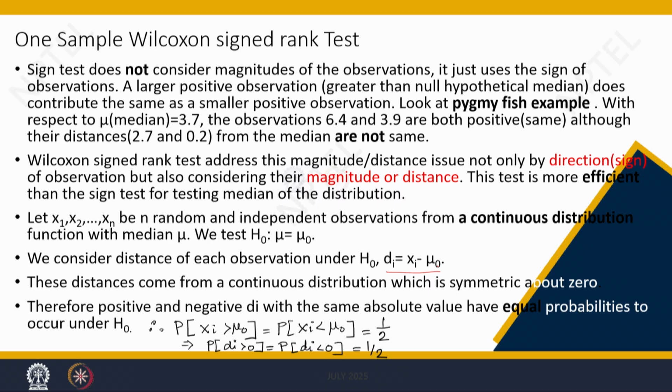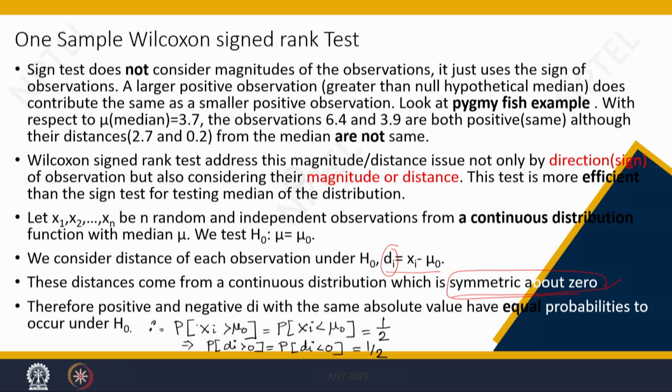These distances come from a continuous distribution which is symmetric about 0. So, that is another part of the Wilcoxon signed rank test, another type of assumption. When you are calculating the di's, these are random variables because you are using random variables in finding di. So, these distances follow a symmetric distribution about 0.